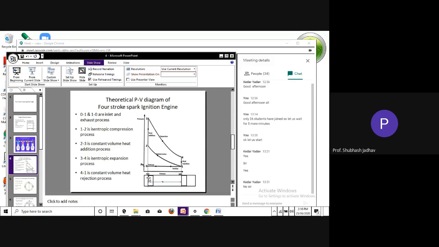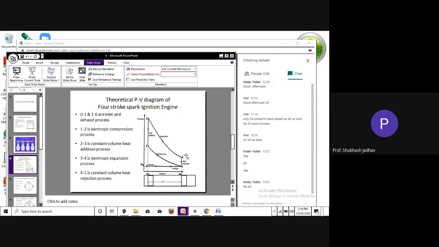Sorry, from TDC to BDC. Okay, so from TDC to BDC it is moving, and therefore this line goes like this, which indicates the pressure is decreasing and the volume is increasing. Now we reach over at point 4 when the piston is at BDC.